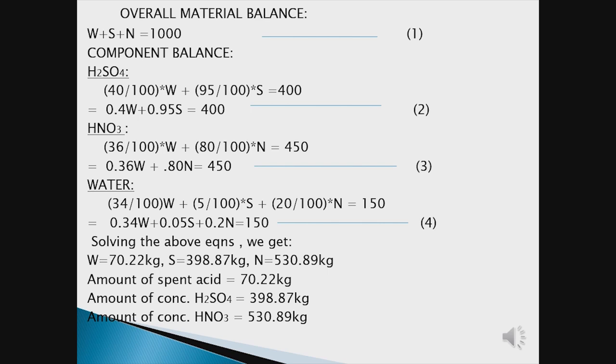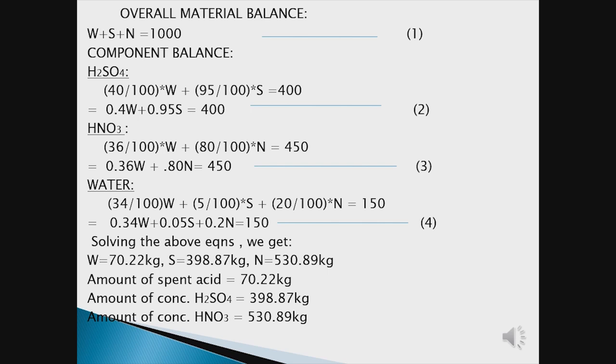That means 30% of W plus 95% of S is equal to 40% of 1,000, which is 400. So 0.3 W plus 0.95 S is equal to 400. That is equation number 2.